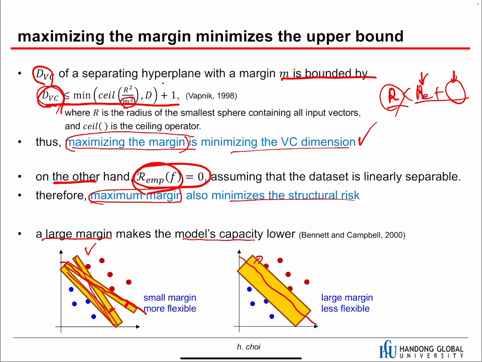So the capacity is lower. Remember, in this slide we checked that when we maximize the margin, we minimize the risk by minimizing the empirical risk. So now what we want to do is to maximize the margin.